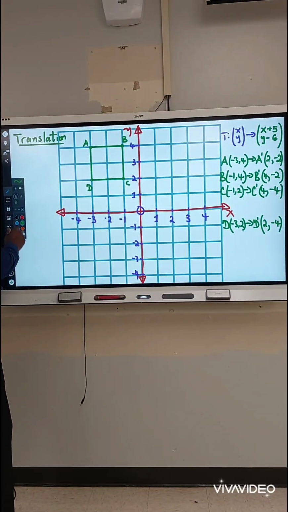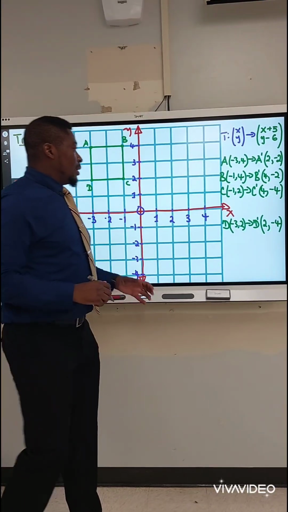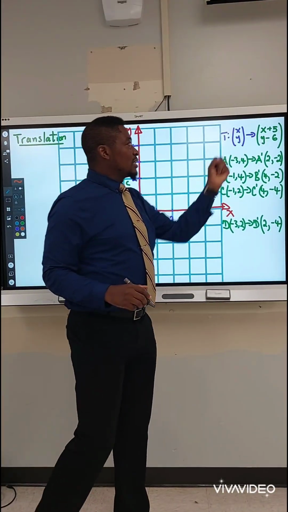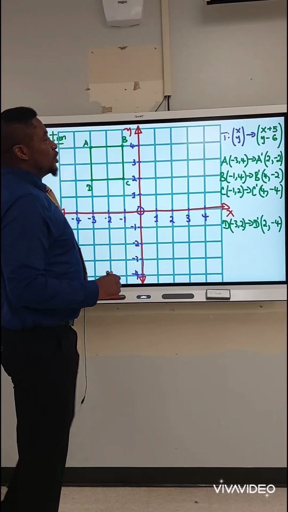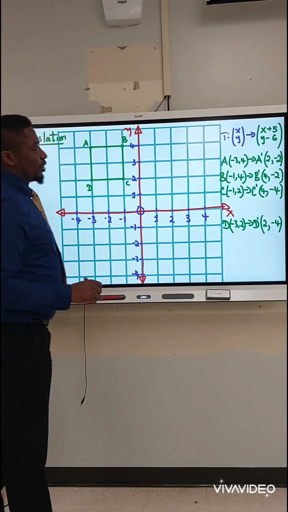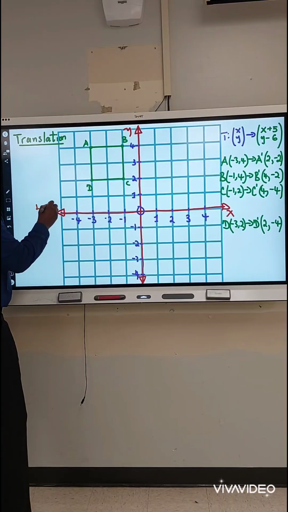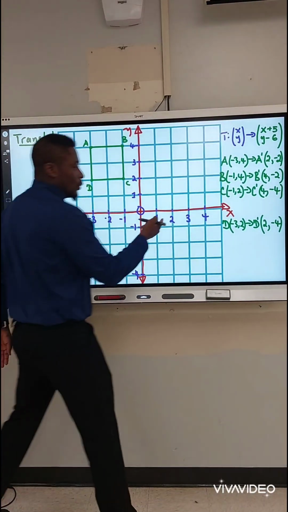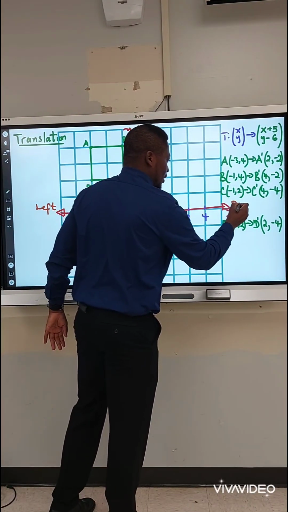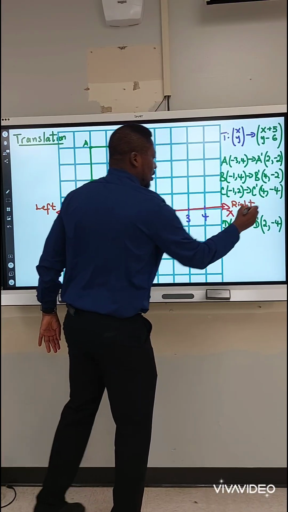But you could also use the coordinate grid. With the coordinate grid, this rule translates as: adding 5 to the x coordinate of each point means you go to the right 5 times. Going to the left, you go in this direction of the x-axis. When you go to the right, it will be this direction.